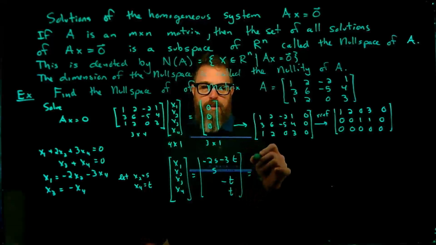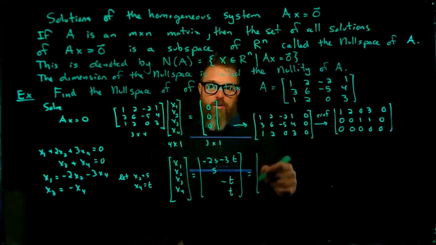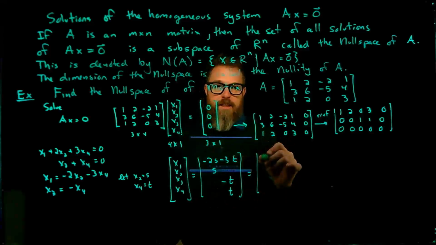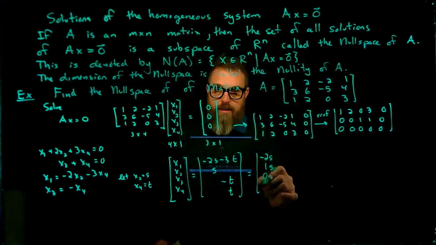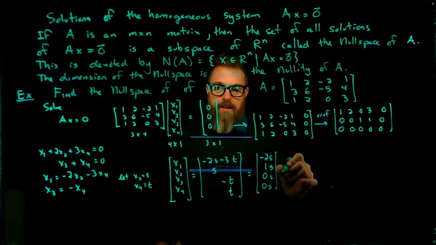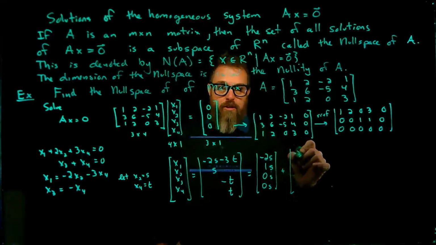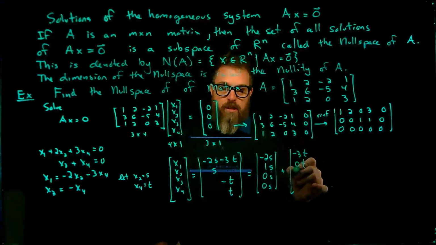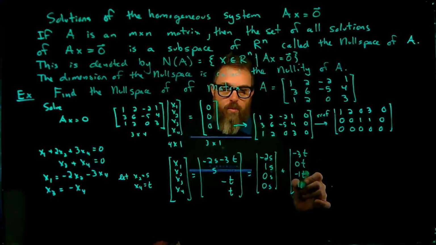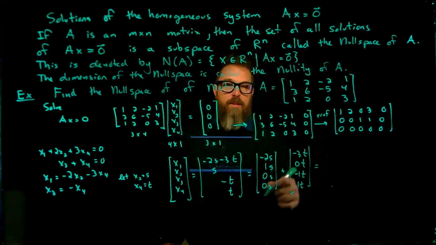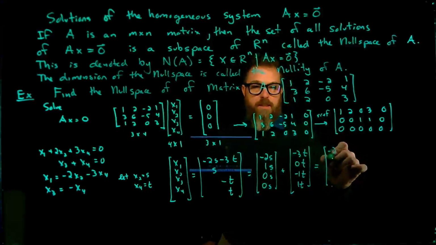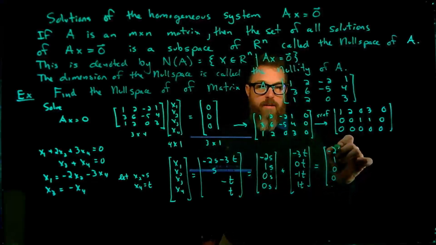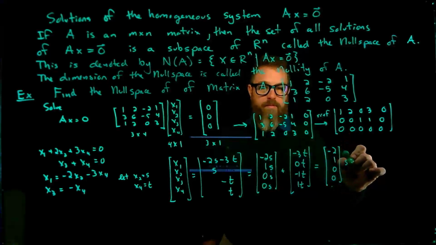Now I'm going to separate these into every term that has an s in it. So minus 2s, 1s. There's no s's here, so these have to be 0s, 0s. And then all the t's over here, so minus 3t, 0t, negative 1t, and then 1t. When I pull out these parameters, what's going to be left is the basis of this null space.